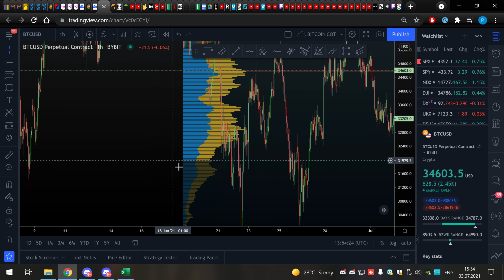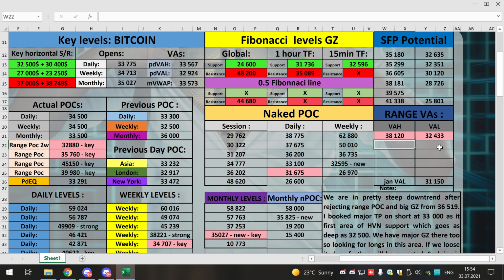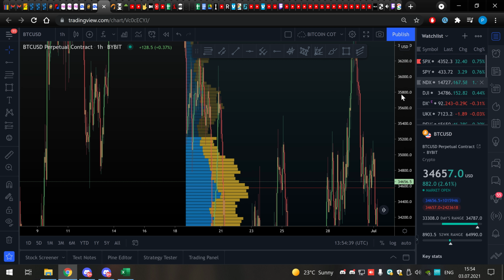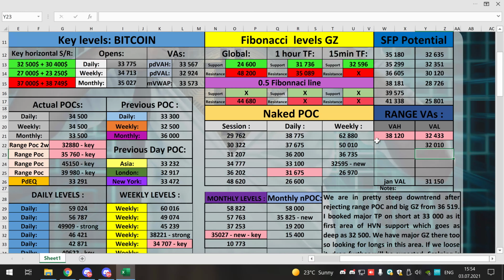Value area low is at 32,001. Just 10. And value area high is $35,230.